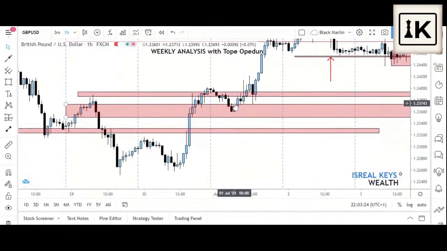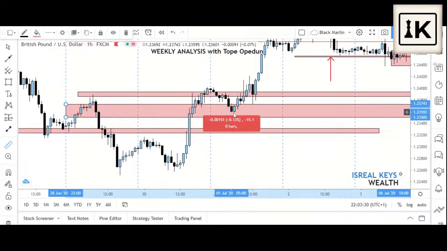Because this H1 engulf of that, look, how many pips is that? From there to there. 16 pips. Yeah, 16 pips.